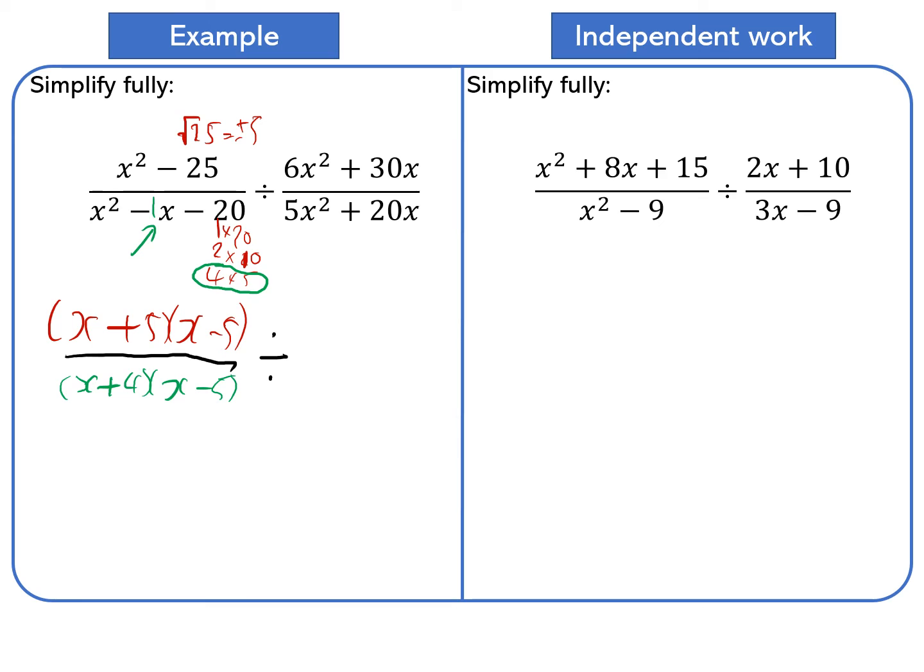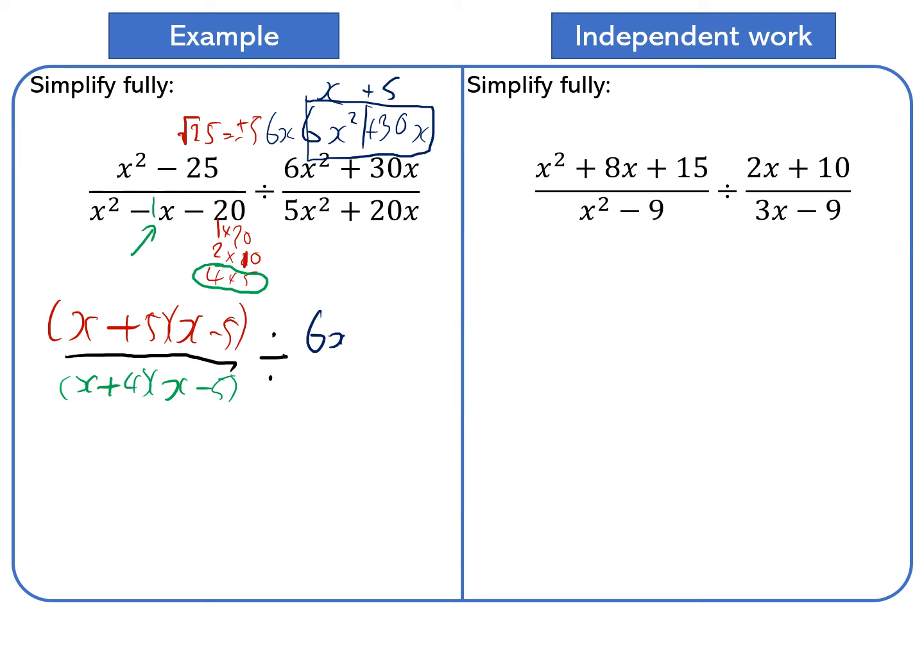We've got divided by, and let's factorize the numerator from my expression on the right there. So we're going to have 6x squared plus 30x. Box that up. I see 6x goes into both. So 6x times x is 6x squared, 6x times 5 is 30.